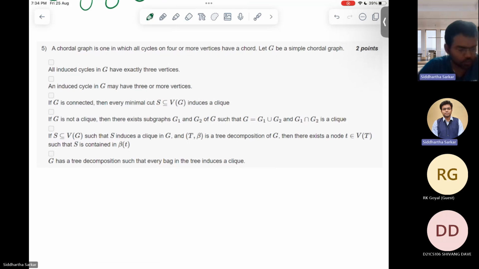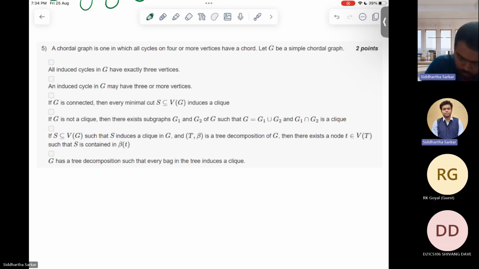Okay, so I have to define what is a chordal graph. So let me first define it. You're able to see the question, right? Yes, visible.